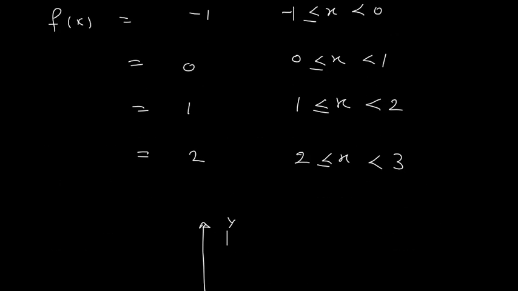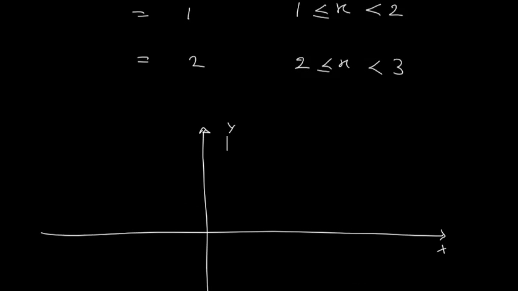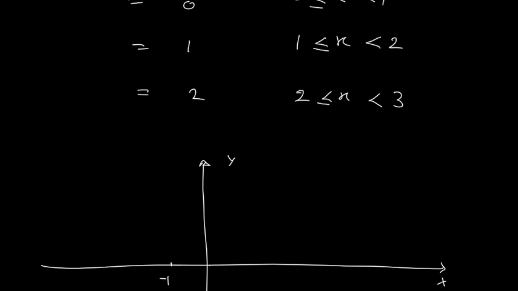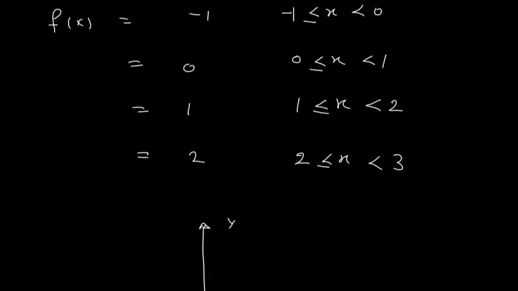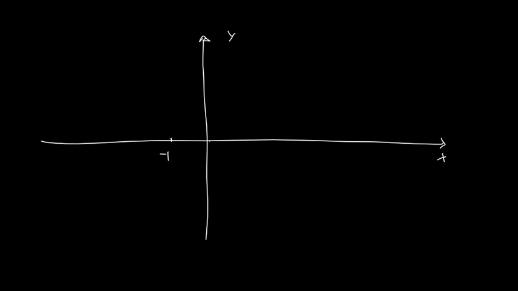When the value of x is greater than or equal to -1 and less than 0, from here to here the value of the function is -1. So -1 is somewhere here along the y-axis.